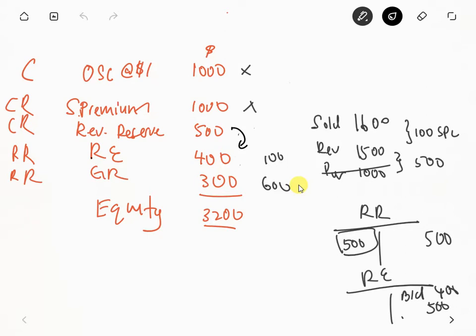What happened to my 500 here? I already sold. Transfer to RE 500. Already sold, it becomes realized. Can I now declare dividend? Yes. Before, cannot declare dividend. Once sold, it becomes realized, transferred to RE. So once it is sold, it can be transferred to retained earnings.